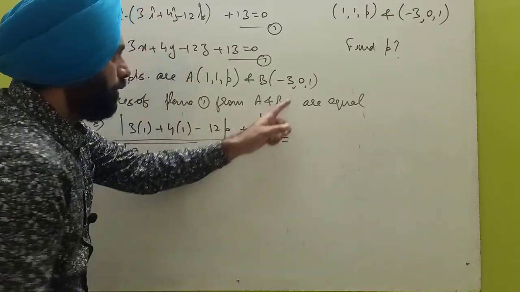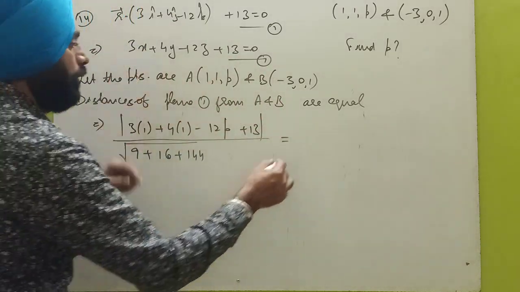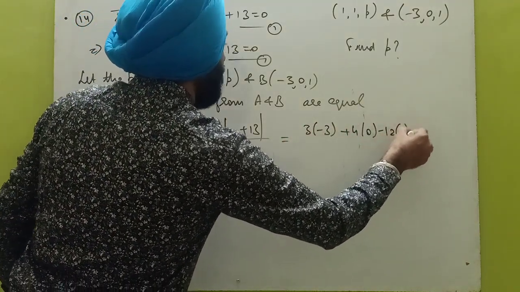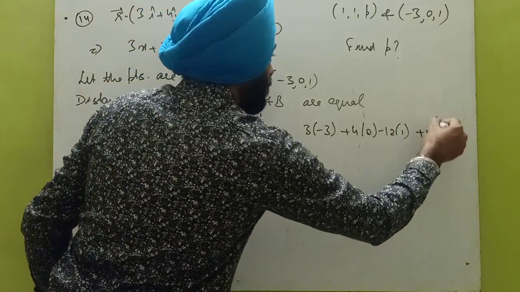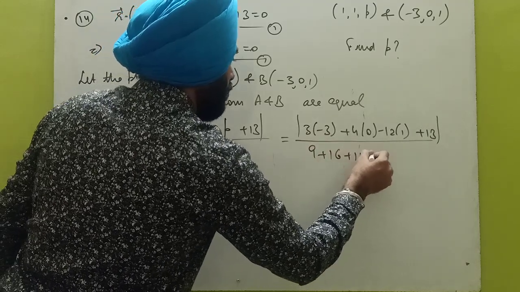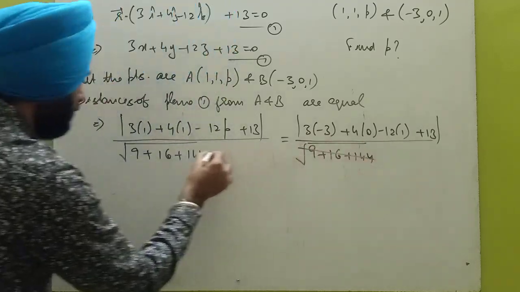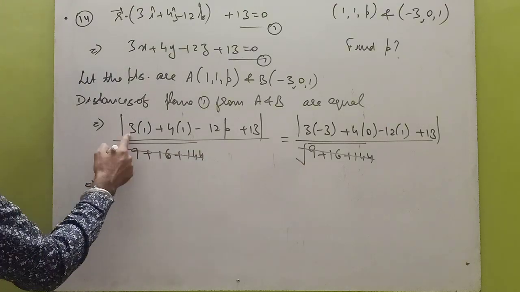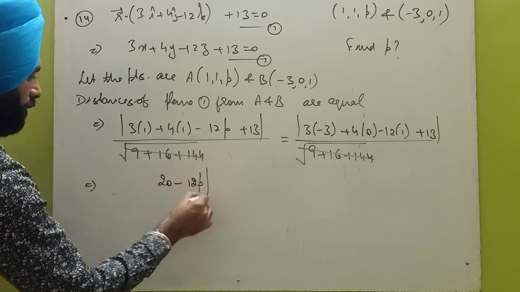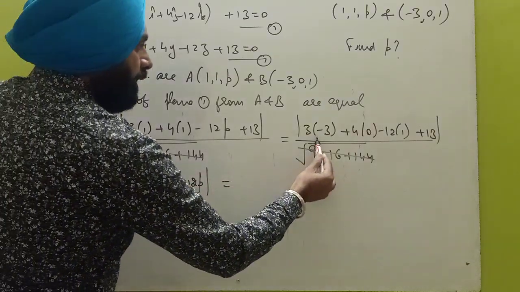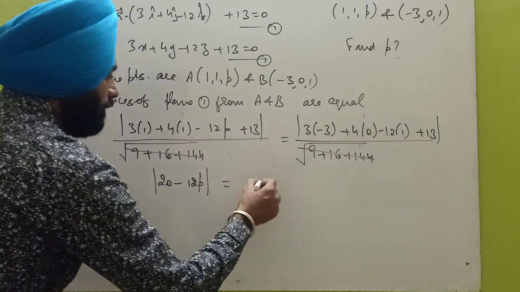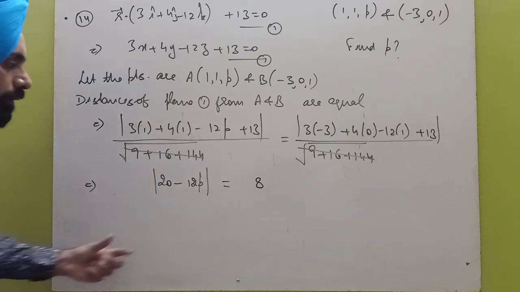And this is equal to the distance of this plane from the other point also: mod of 3 into minus 3 plus 4 into 0 minus 12 into 1 plus 13, divided by again the square root of 9 plus 16 plus 144, which will get cancelled out by this. So there is 3 plus 4 is 7, 7 plus 13 is 20. So mod of 20 minus 12p is equal to minus 9 minus 12, that is minus 21, minus 21 plus 13 is minus 8, and mod of minus 8 is positive 8.